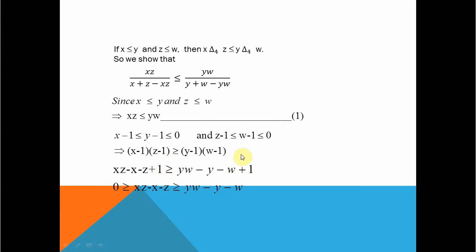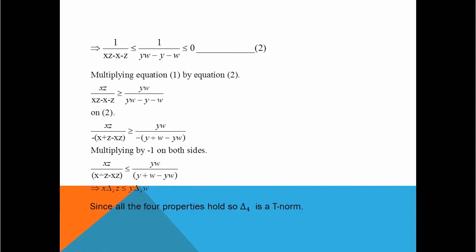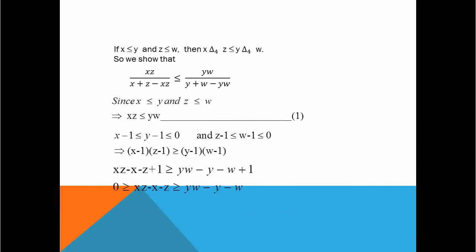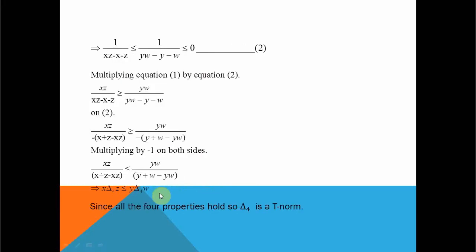If we cancel 1 from both sides, we get xz minus x minus z is greater than or equal to yw minus y minus w. Here, if we take the reciprocal on both sides, we get 1 over xz minus x minus z is less than or equal to 1 over yw minus y minus w. We again change the inequality because we are taking the reciprocal on both sides.